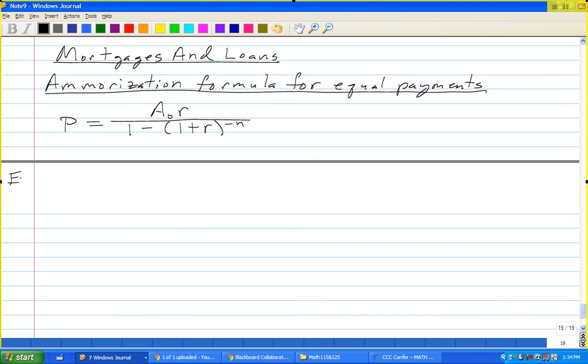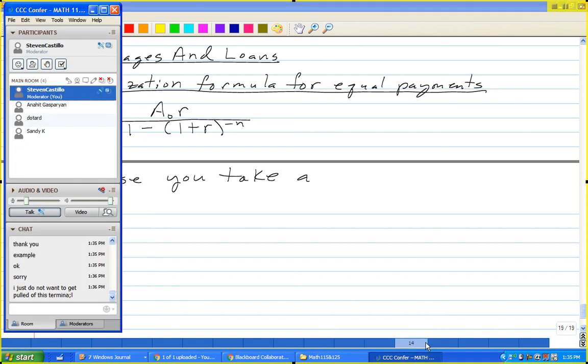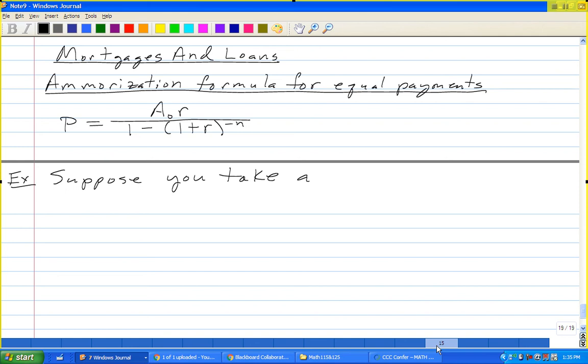Suppose you take a 30-year mortgage of, let's say, $700,000.